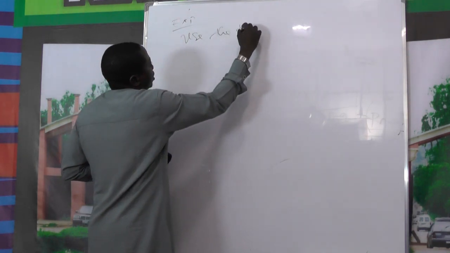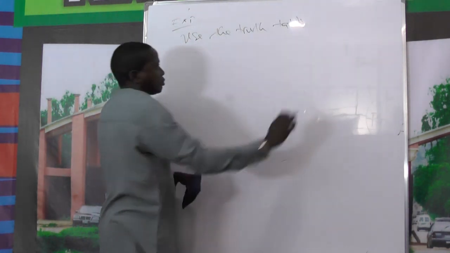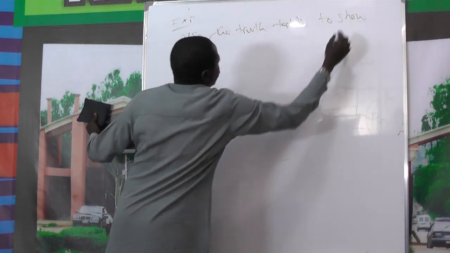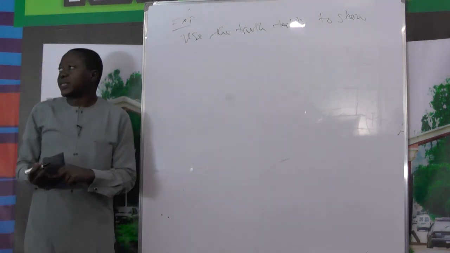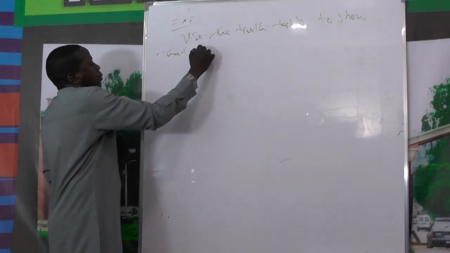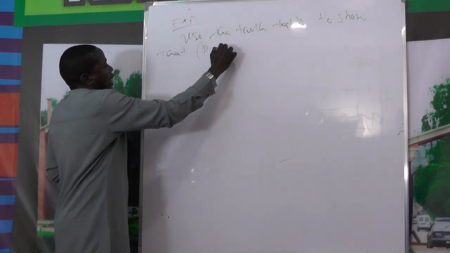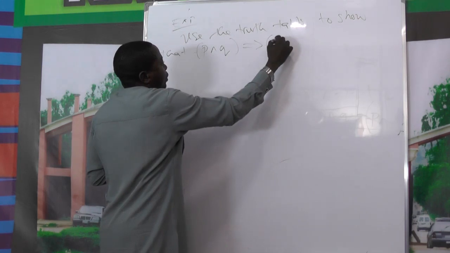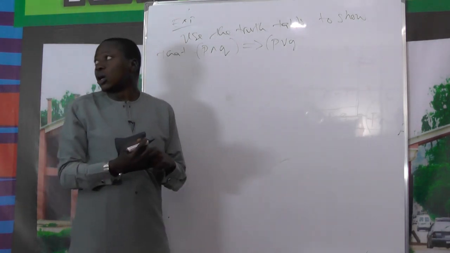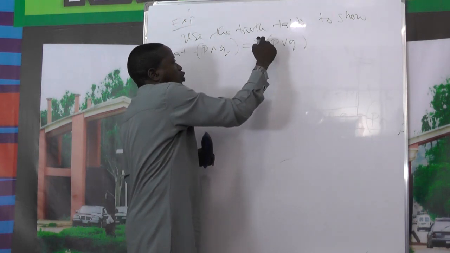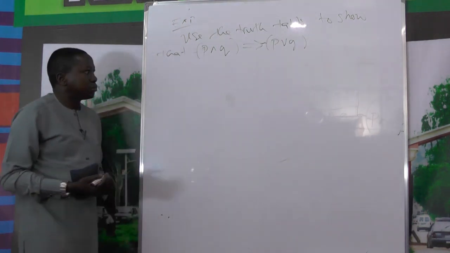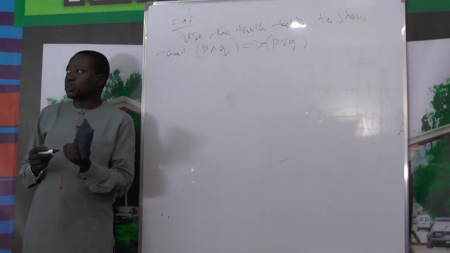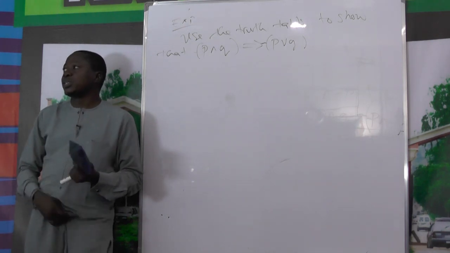Use the truth table to show that P and Q implies P or Q. There's supposed to be a negation here. P and Q implies P or Q.